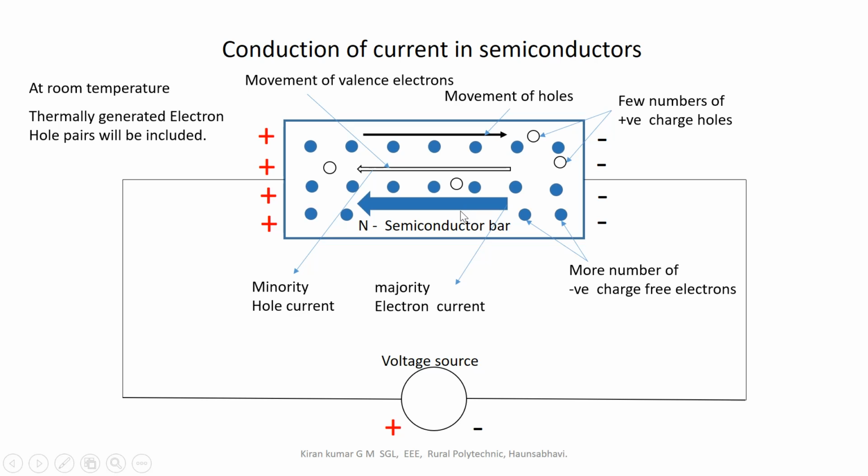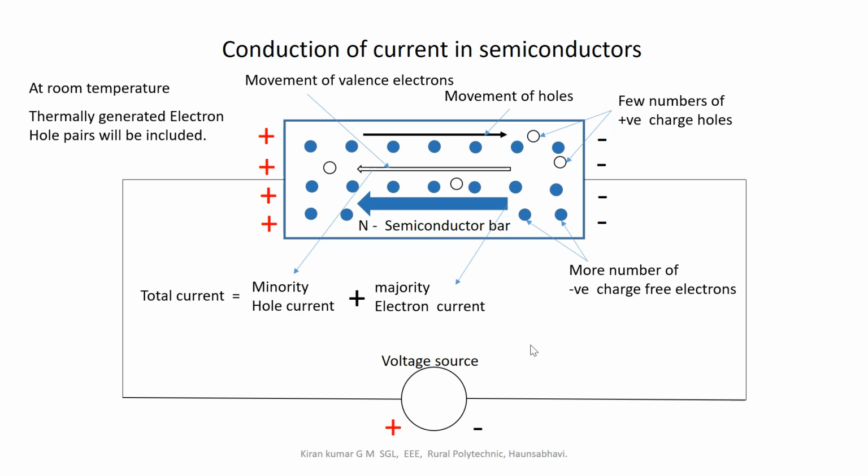Due to the large number of free electrons, the current will be the huge one and is called as the majority current due to the free electrons. The total current in the semiconductor bar is equal to the minority hole current plus the majority electron current here.